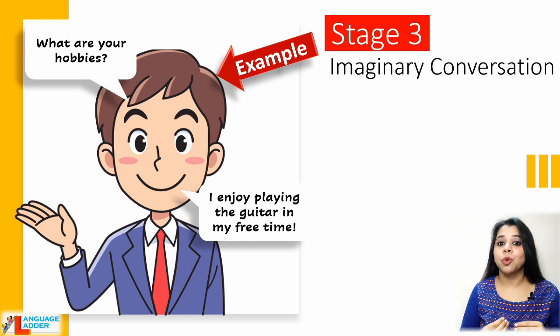For example, what are your hobbies? What did you do over the weekend, etc. And have this little conversation with yourself. Think of the questions and practice saying the answer. Next, think of the question that you are going to ask them when you will meet them next. And have this little chat with yourself in English every now and then whenever you find time to be all by yourself.